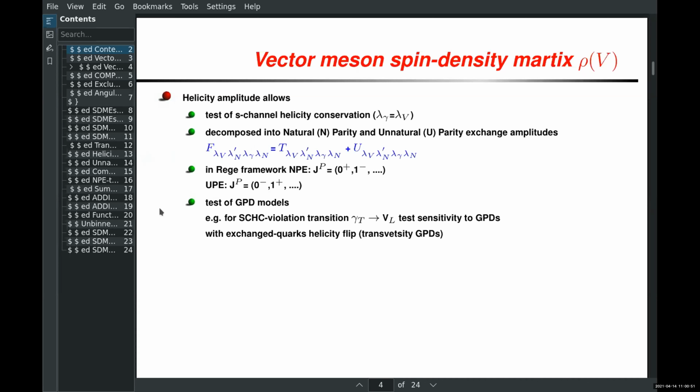And if we want to test the GPD models and look for s-channel helicity violation, we want to observe a transition like this, where the transverse photon is changed into a longitudinal vector meson.